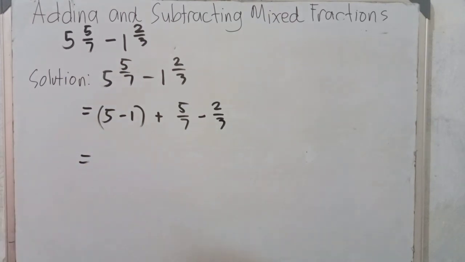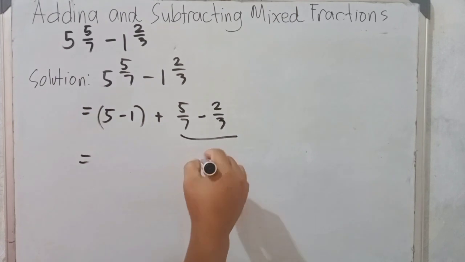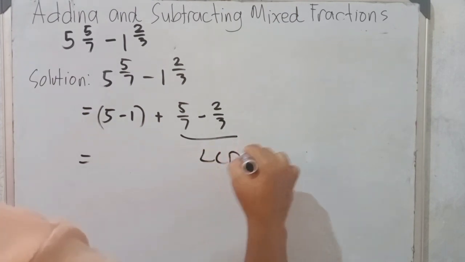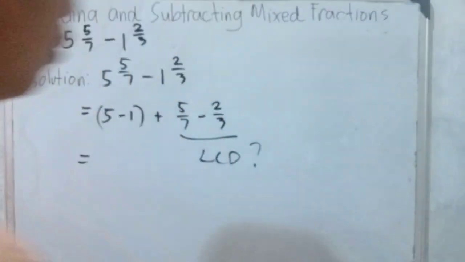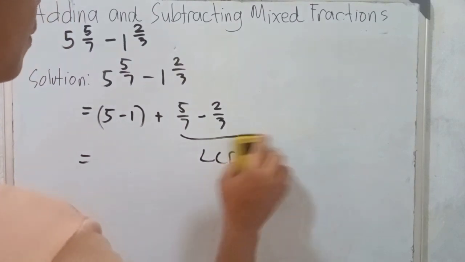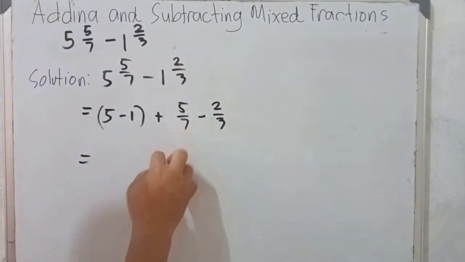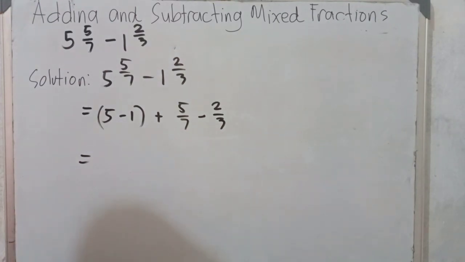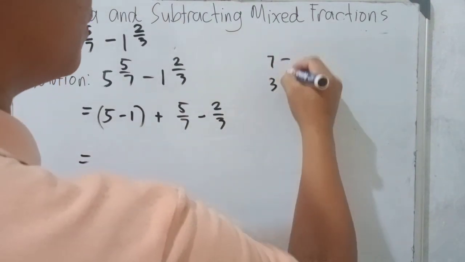The next step is to find the LCD. So let's find the LCD. We always do this to get the equivalent fraction. To get the LCD, I will teach you skip counting. 7 and 3.